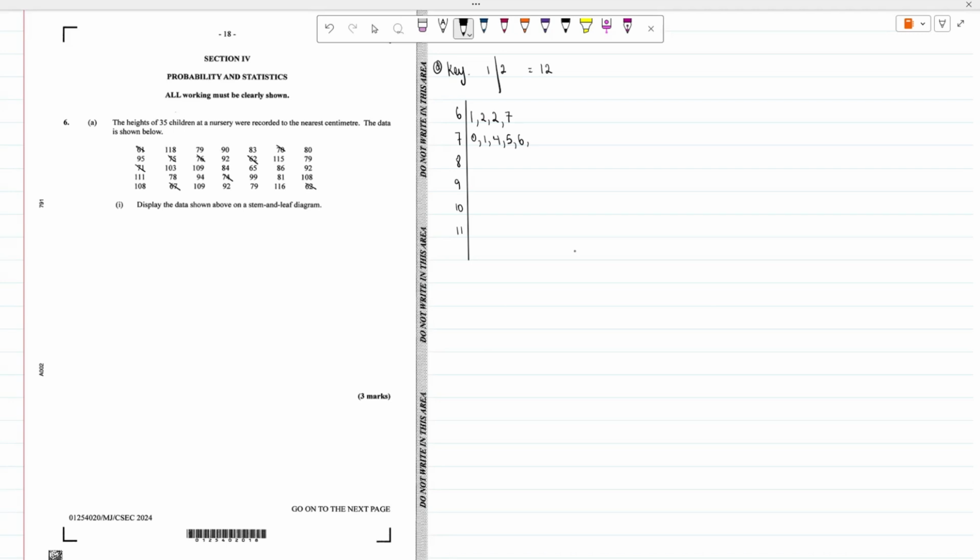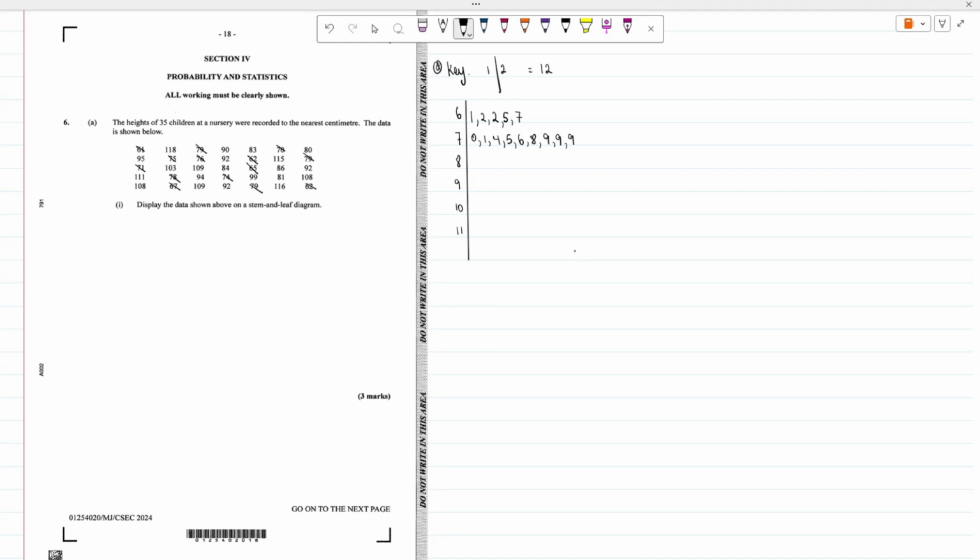No. I've seen a 78 and two 79s. Oh, look at 65 there. So I've seen a 65. I rub off the 7, put a 5, and put a comma and a 7. So if I miss something, I can always come back to it. Look at the next 79 here. Comma 9.